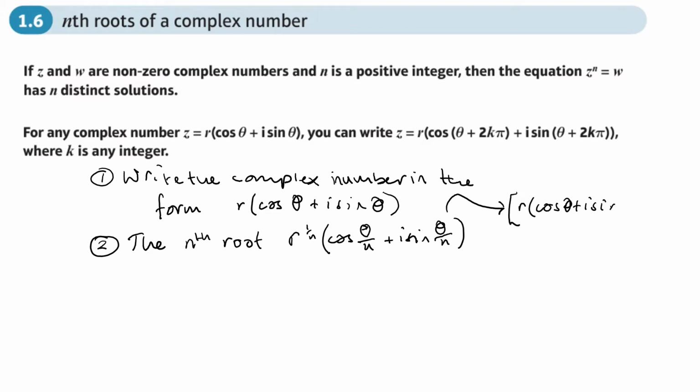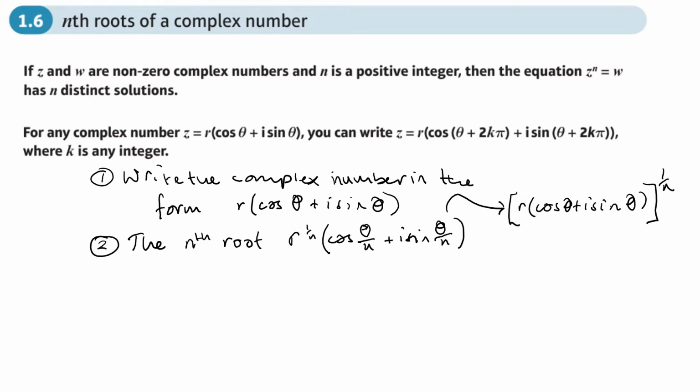So we divide the argument by n, and it becomes r to the power of 1 over n. So it's the same type of thing we're doing: instead of n being the power, it's 1 over n. If you did that, you'd only find one root.